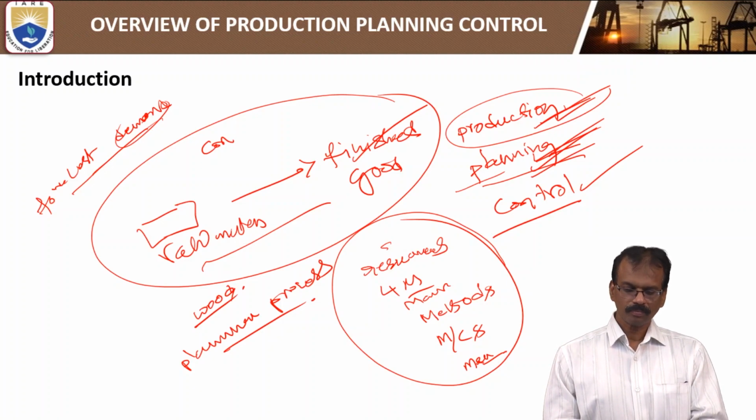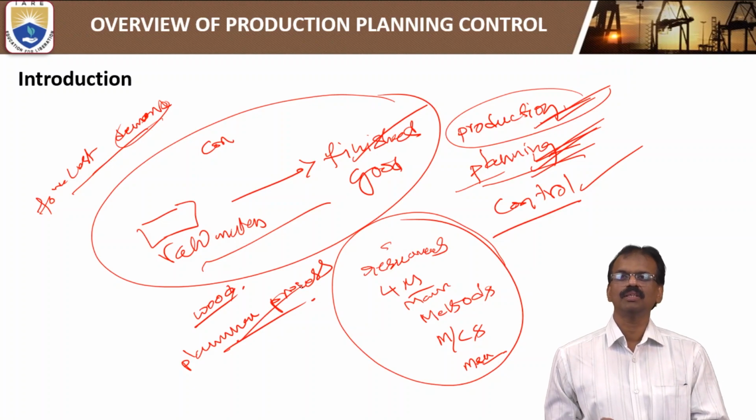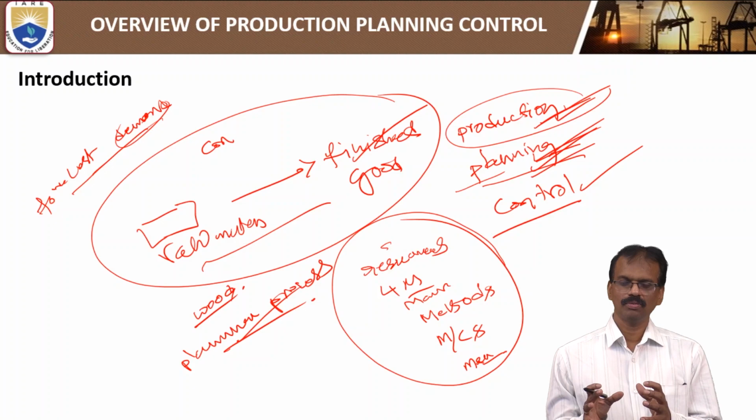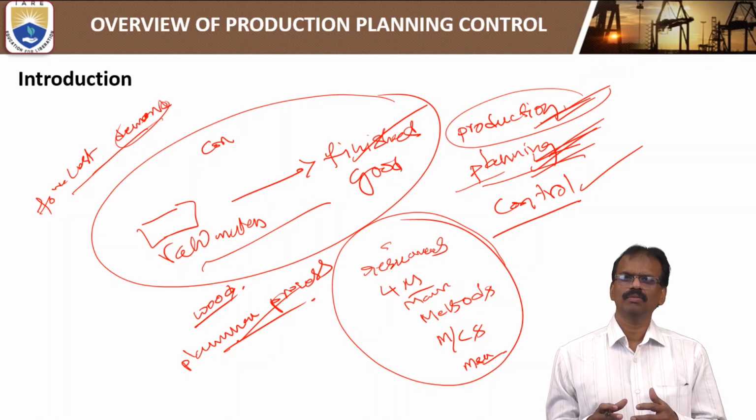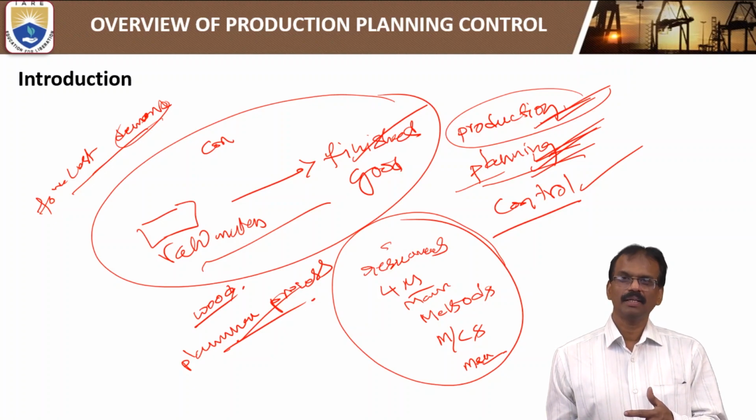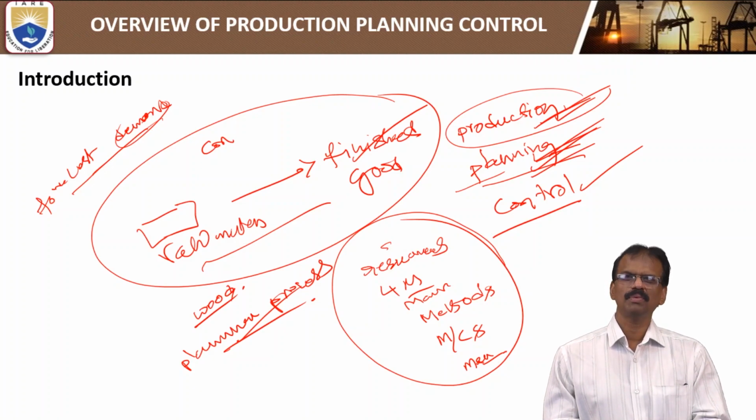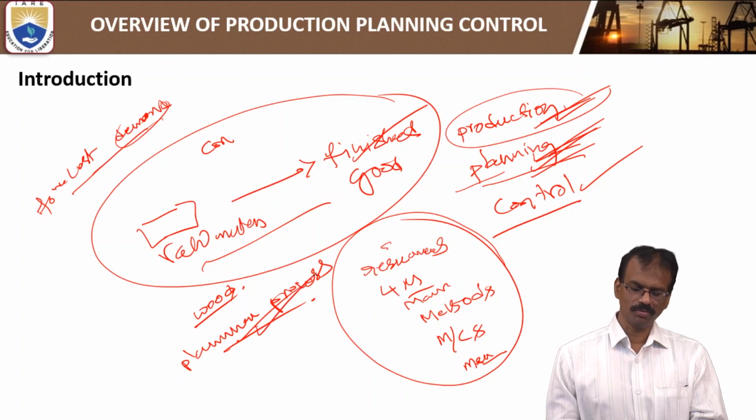Suppose after the planning process, we start the production system. Then we have to check whether we are performing the planned process or not.